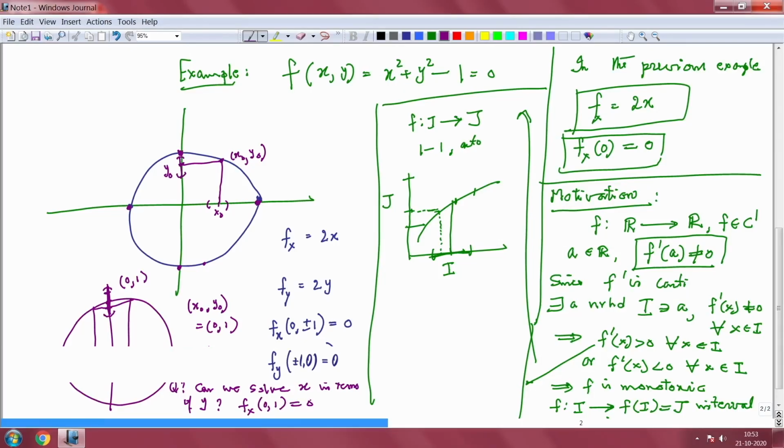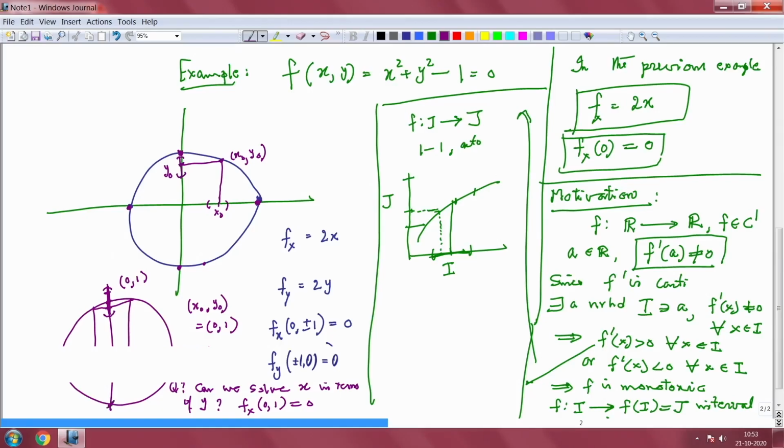So, whenever the derivative of f with respect to x vanishes, then solving x in terms of y has an issue, but there is no issue to solve y in terms of x at that point.